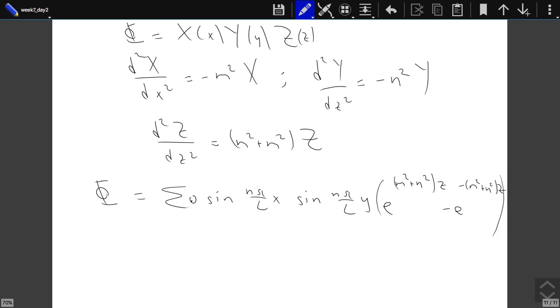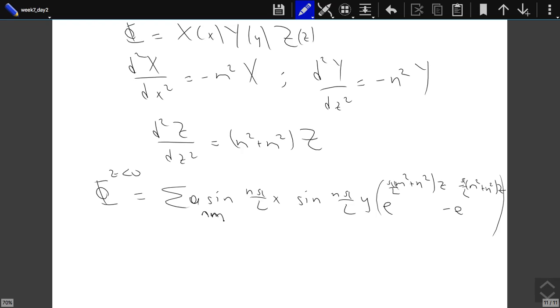This is true for z less than z0 because at z equal to 0 it should also go to 0, with certain coefficients A_mn.